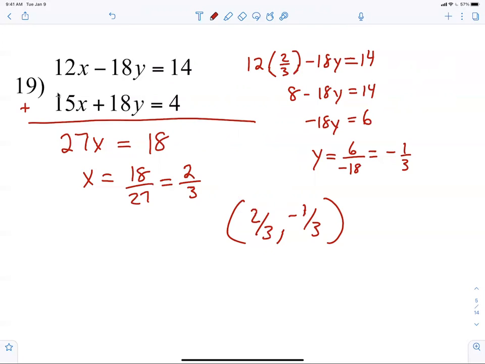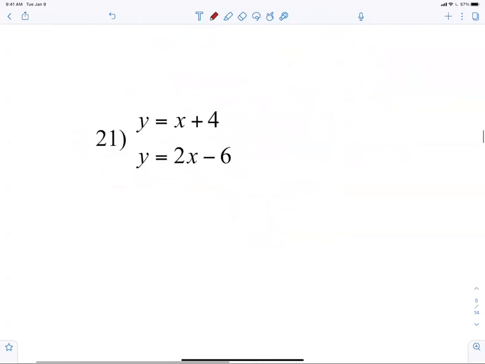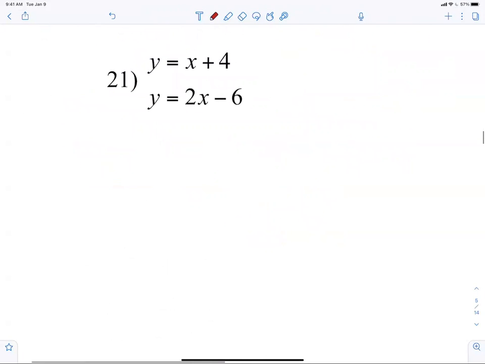All right, finally one that's a little bit harder. Again, should be relatively easy. x plus 4 equals 2x minus 6. Move the x to the right side.